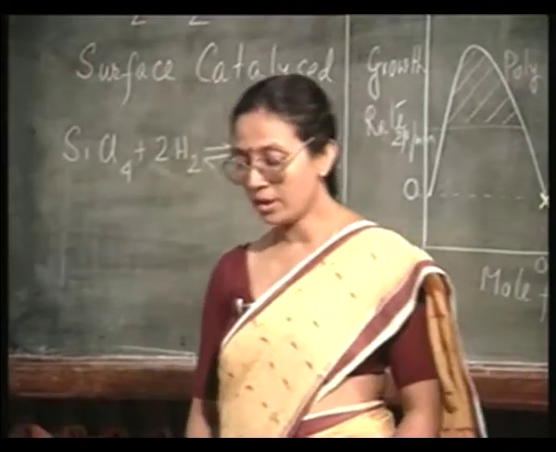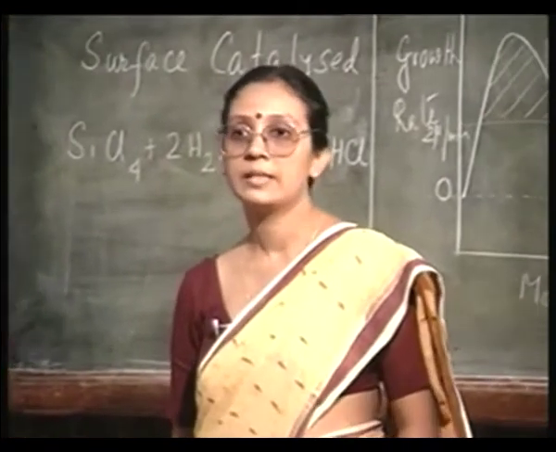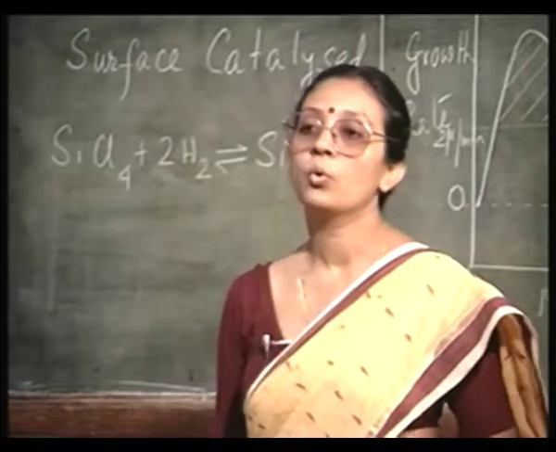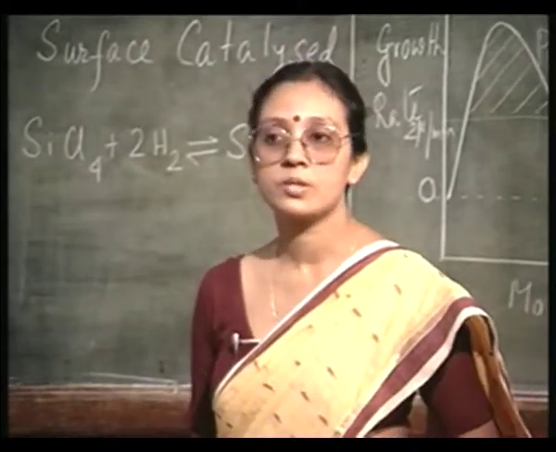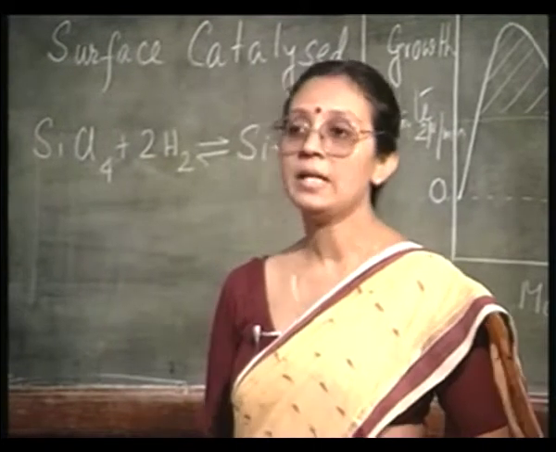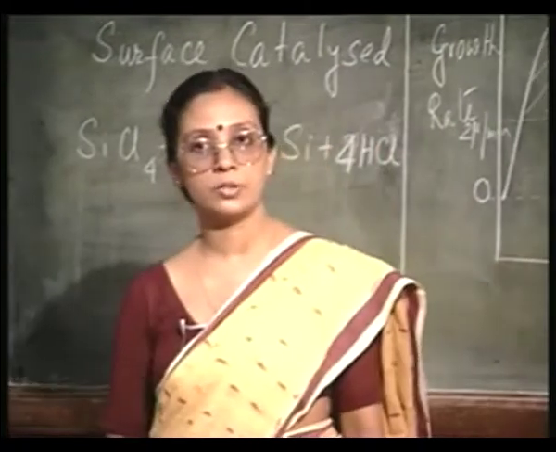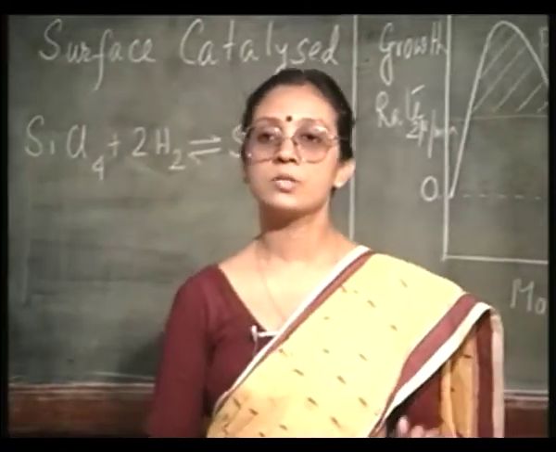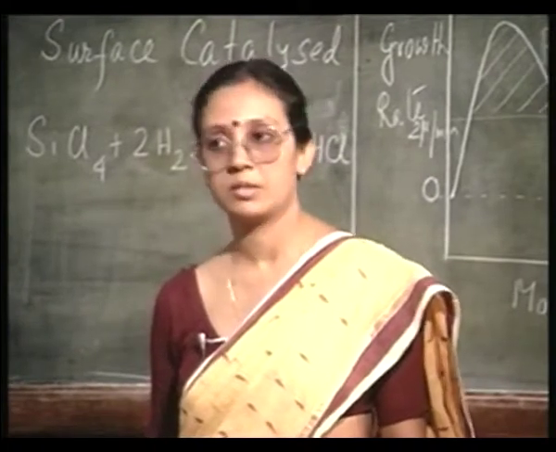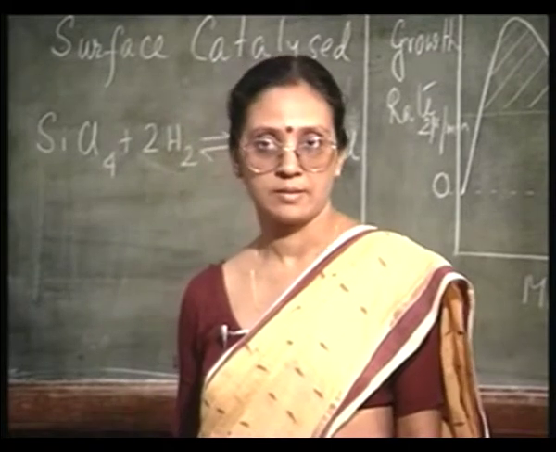It is found that when silicon tetrachloride is used, then this SiCl2 formation takes place only above 1000 K, 1000 degree Kelvin. While if you use SiHCl3 or SiH2Cl2, then SiCl2 generation takes place at a comparatively lower temperature, about 100 or 200 degree centigrade less.